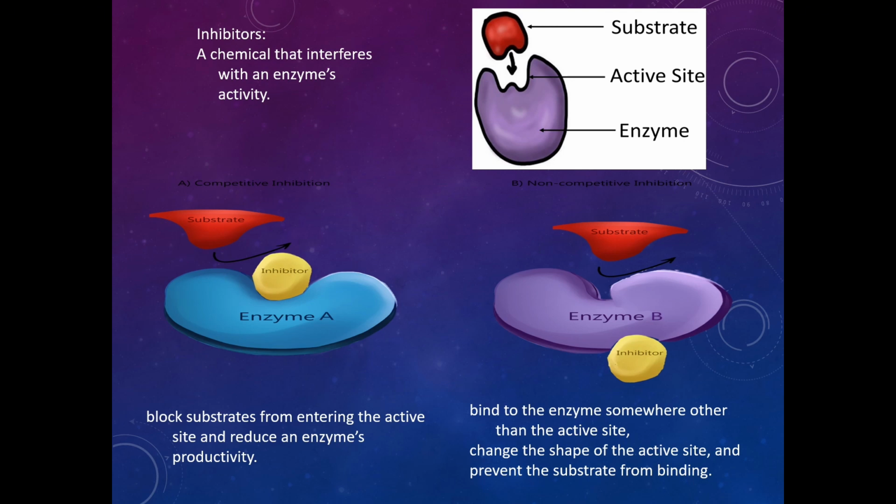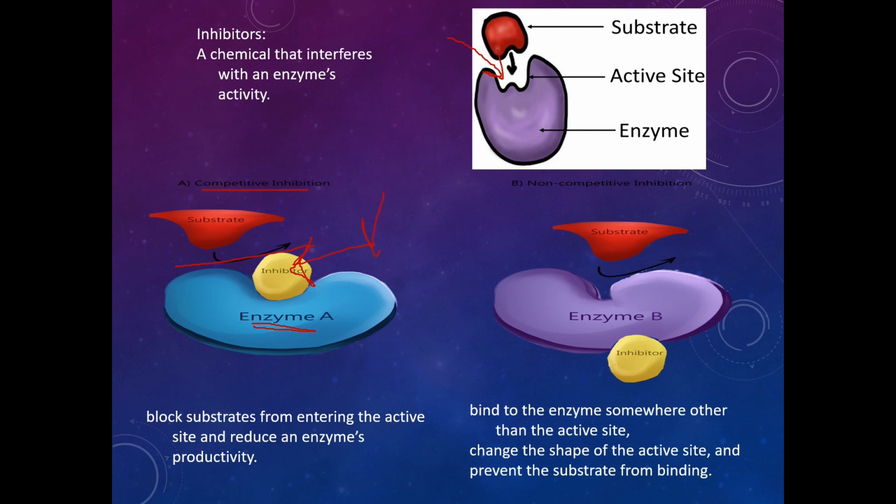This is the normal active site, the normal substrate and enzyme. So this is the normal relation. But here we have something that blocks the active site, so it prevents the substrate from combining to the enzyme, and this is the competitive inhibitor.